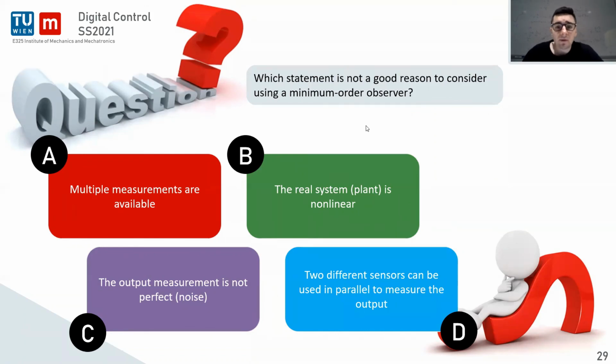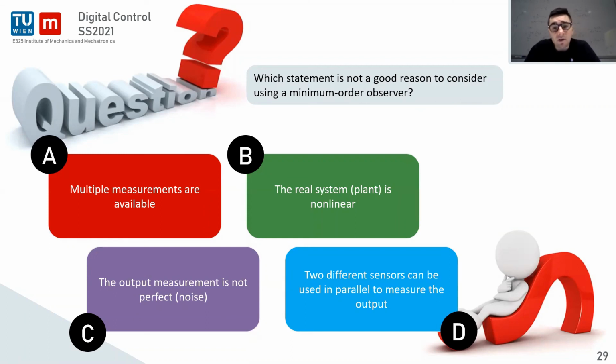If the system is linear, with only one measurement you can already build all the estimates, or you can already estimate all the states. So if the system is linear, usually having multiple measurements is only useful if some measurements are really bad, with really a lot of noise, but still it can be used.